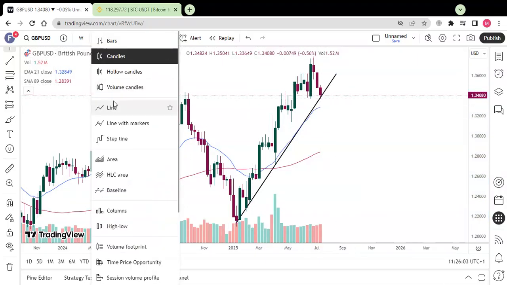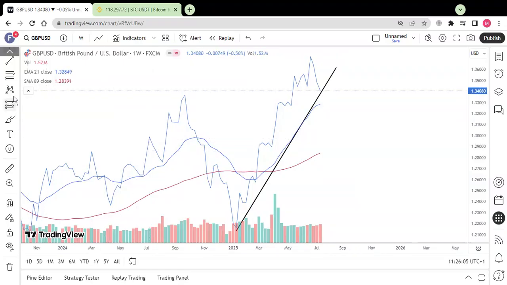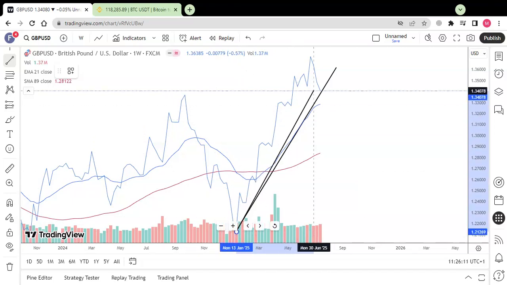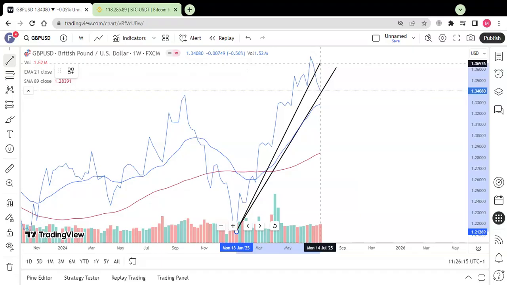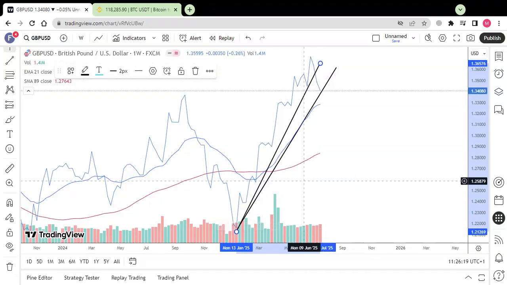Let's change this to a line chart again, and if I draw something like a trend line here based on the line chart, we'll find that the line was broken, a higher high then a lower low.